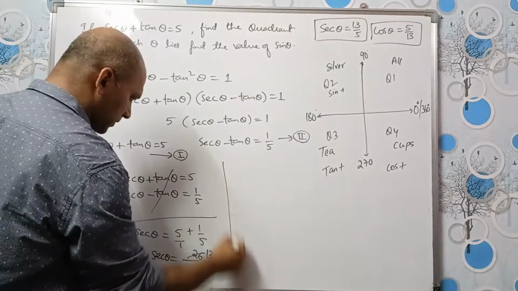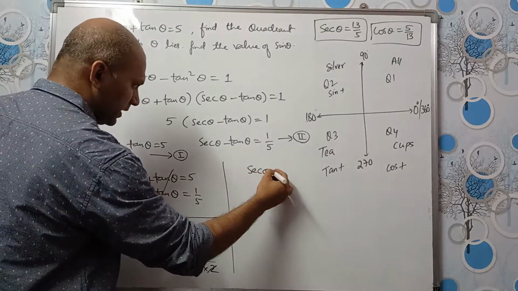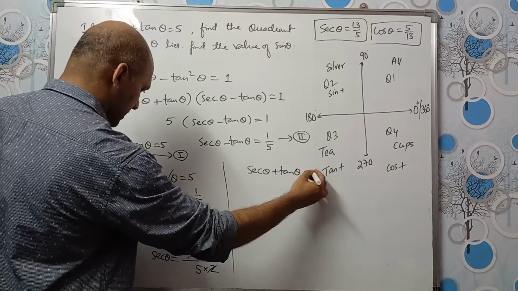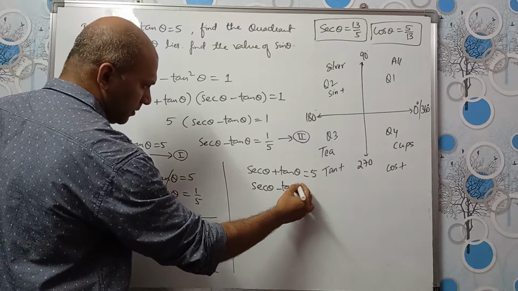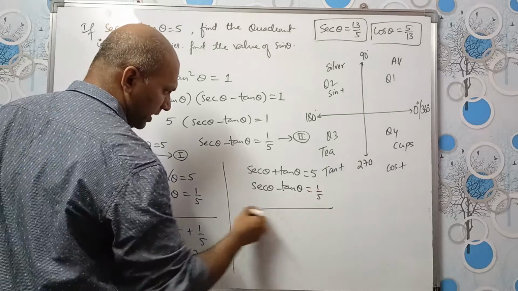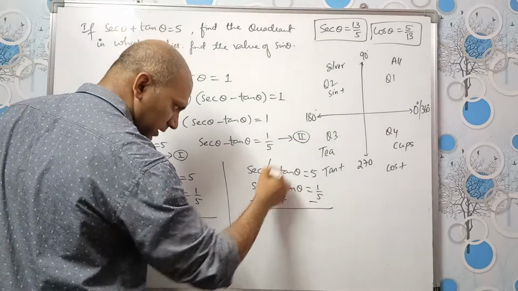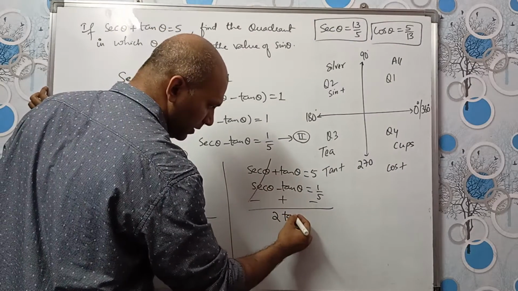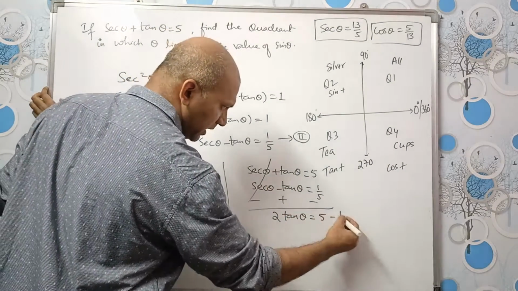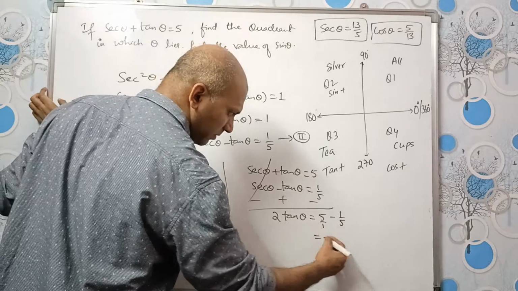So we added ones, right? Let us subtract now. Secant plus tan is equal to 5. Secant minus tan is equal to 1 by 5. Minus plus minus. Secant minus secant is 0. Tan plus tan is 2 tan theta. 5 minus 1 by 5. So this is 5 by 1.